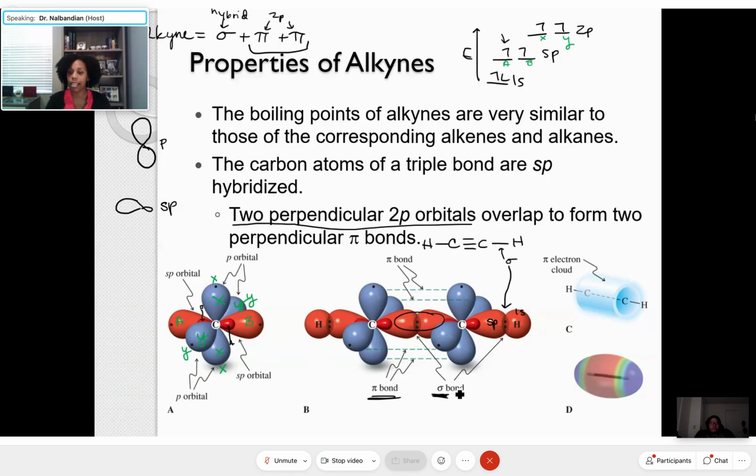What's in the middle? There's one sigma, and then two pi bonds to make that triple bond. And on this side is another sigma bond between carbon and hydrogen.